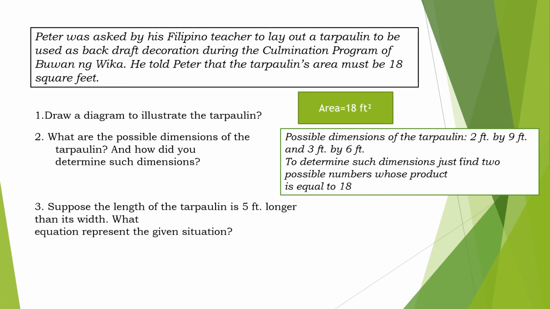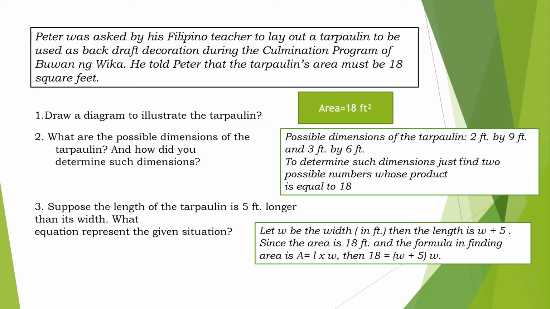Then, suppose the length of the tarpaulin is 5 feet longer than its width. What equation represents the given situation? So, sabi niya, the length of the tarpaulin is 5 feet longer than its width. So, let W be the width, then the length is W plus 5, which is 5 feet longer than its width.